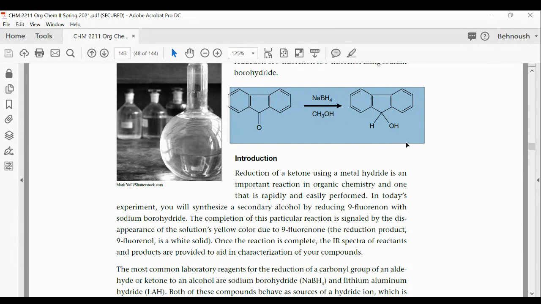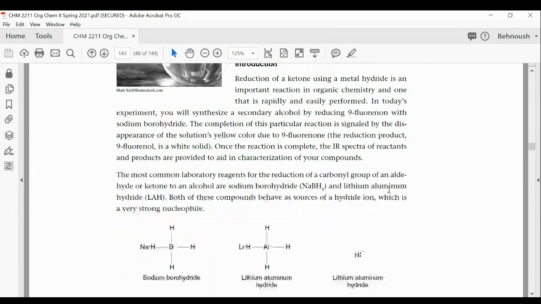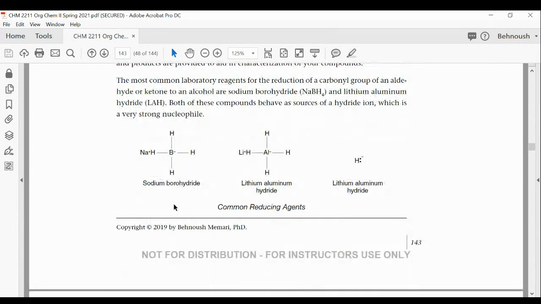The product today, let me look at some of the procedures, then I can explain why it's so fluffy and doesn't really dry. We talked about the reduction reaction and the reducing agent, which is sodium borohydride that we are using.